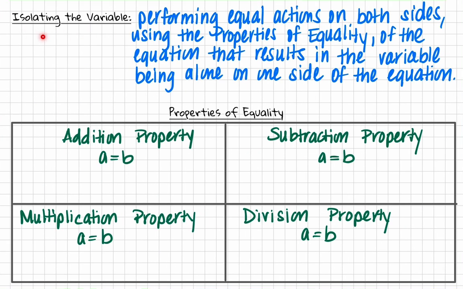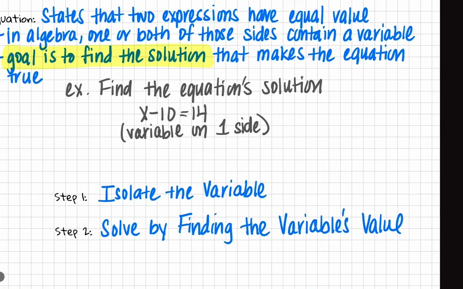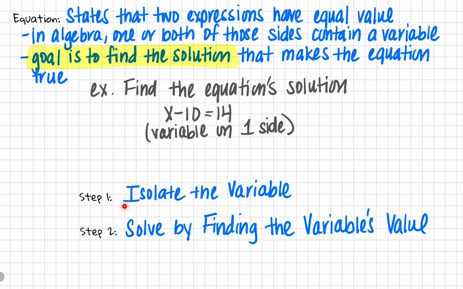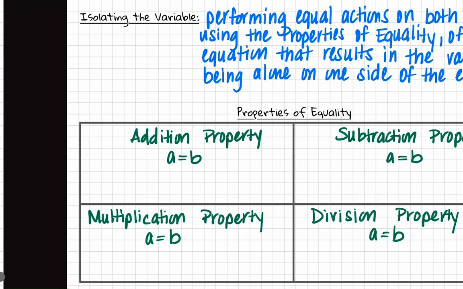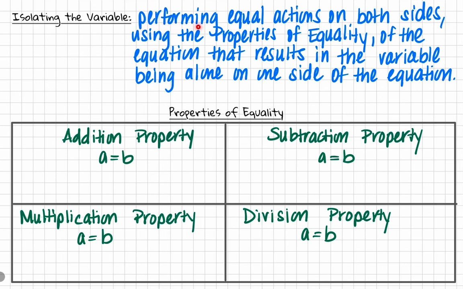Isolating the variable, which was this first step for solving an equation, requires you to perform equal actions on both sides of the equation, using the properties of equality, which I'll explain below on this page, that results in the variable being alone on one side of the equation. So I'll read that again.